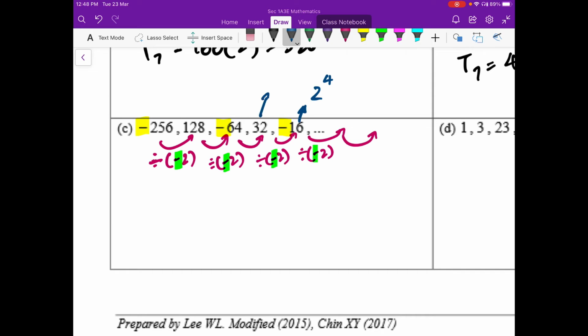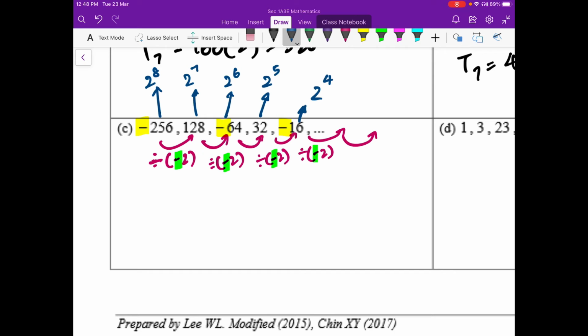How about this? 2 to the power of 5, 2 to the power of 6, 2 to the power of 7, 2 to the power of 8. Okay, without caring about the negative sign, I'm just trying to get you to recognize that these numbers are quite special numbers.